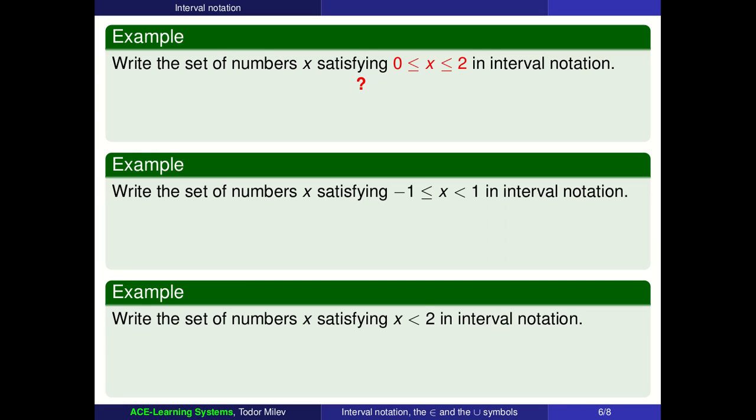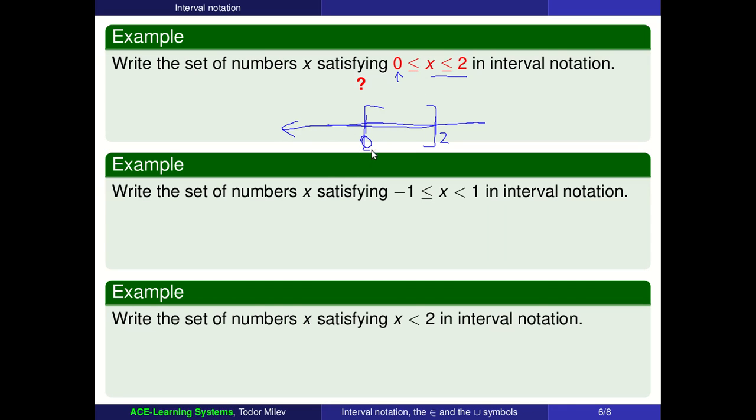So let's see how that is done. Here's the number 0, that is this number, and here's the number 2, that is this number. Now we're looking at all numbers less than or equal to 2, so we're looking at all of these numbers, and we are also looking at all numbers bigger than or equal to 0.